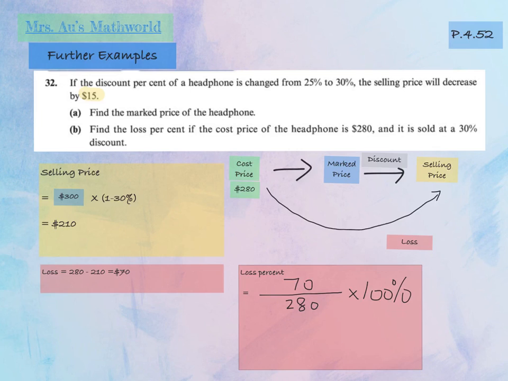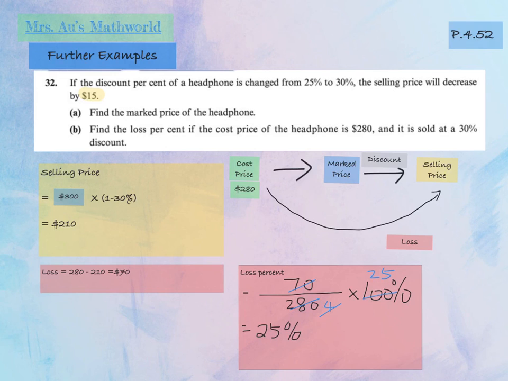So which is 70 divided by 280. So 1 and 4, 4 and 25. So that's why the answer is 25% as the final answer.